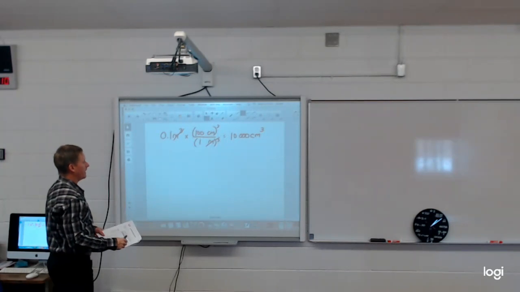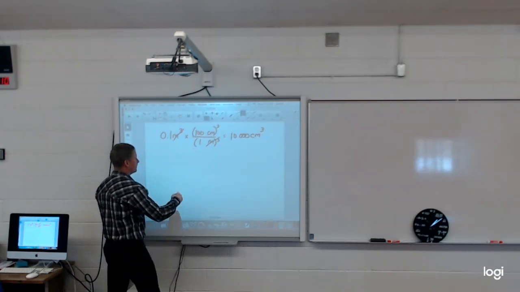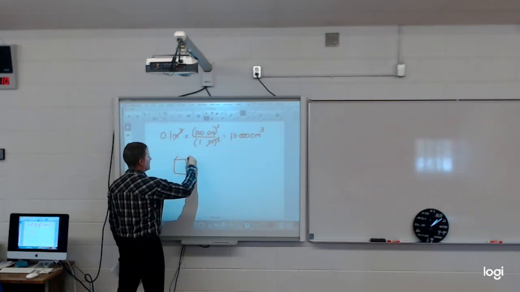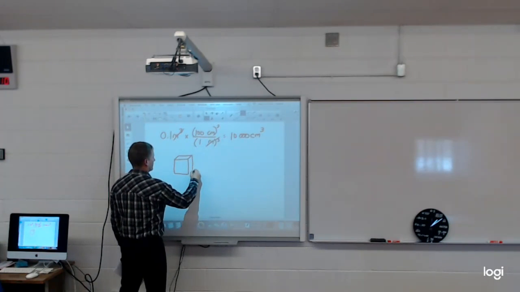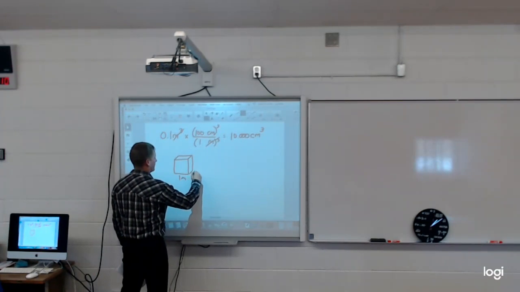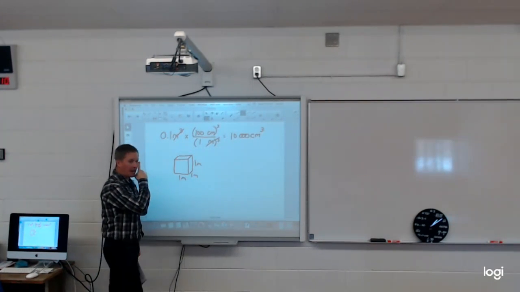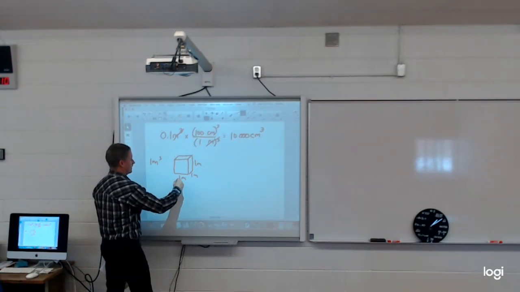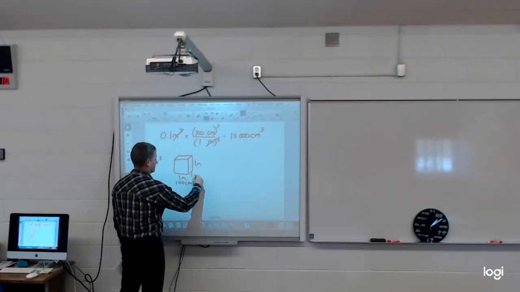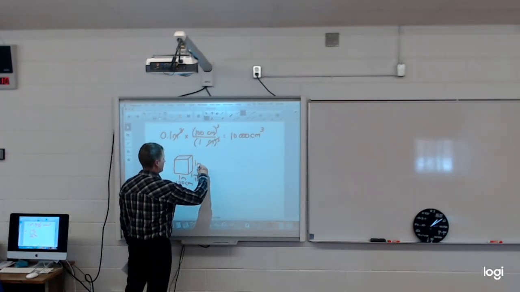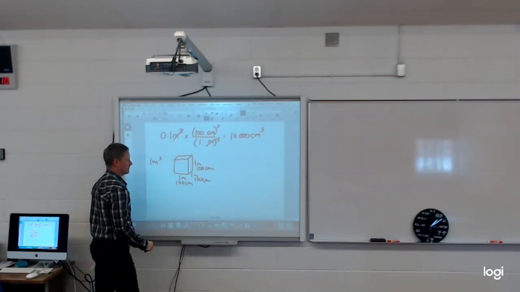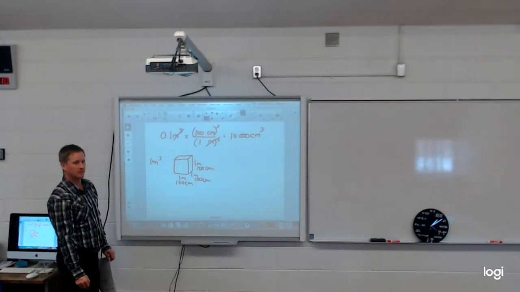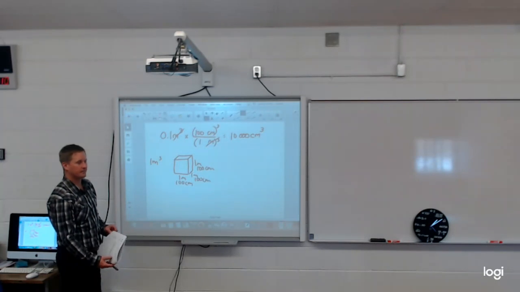Okay. Now, the second way to do that is if I'm unsure, if it wasn't given to you, we'd go 1 meter by 1 meter by 1 meter, right? Which is a meter cubed, which is 100 centimeters by 100 centimeters by 100 centimeters. So how many zeros do I have there? 6.